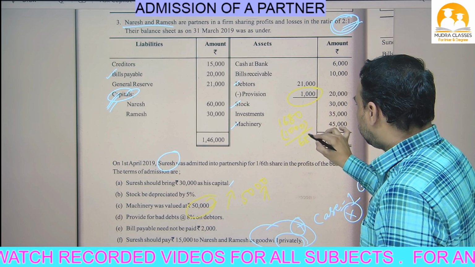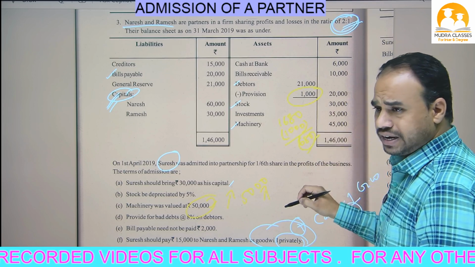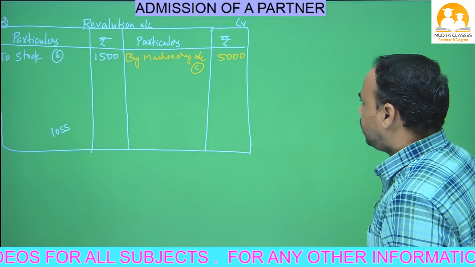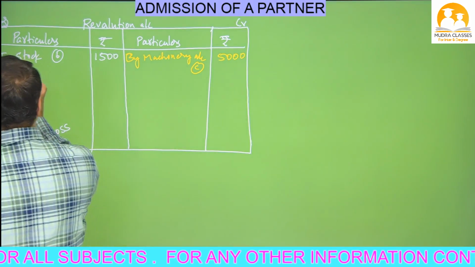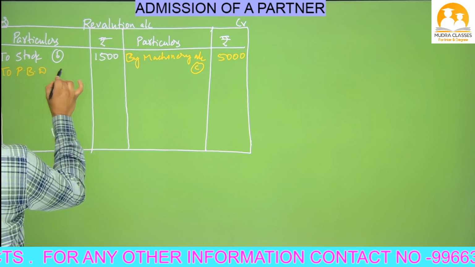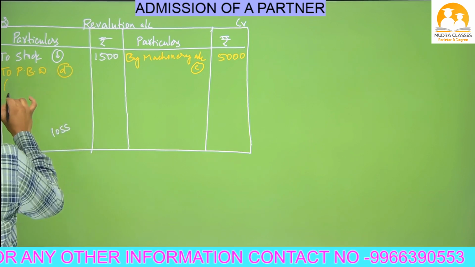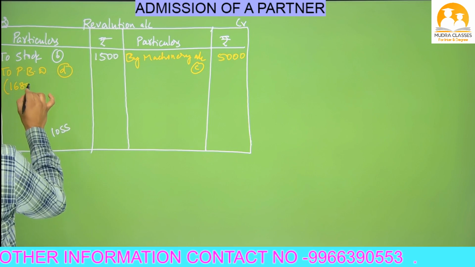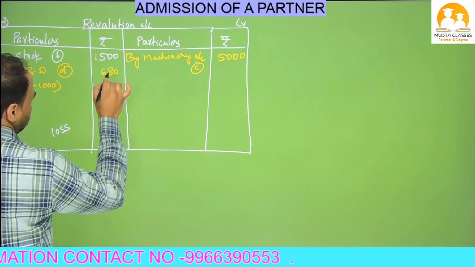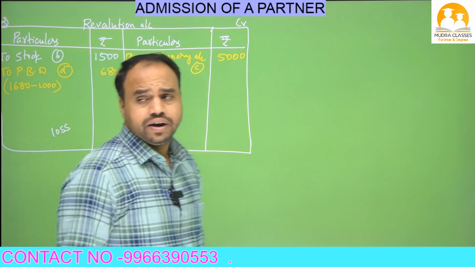Only 680. So 680 is the current loss at present. So this loss we have to write in the revaluation account debit side. To provision for bad debts, adjustment number D. Here you can write for your understanding 1680 minus 1,000, that is 680. Okay, like this we have to write, Nana.